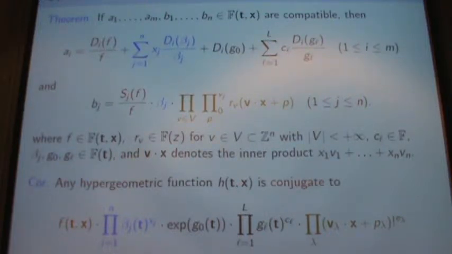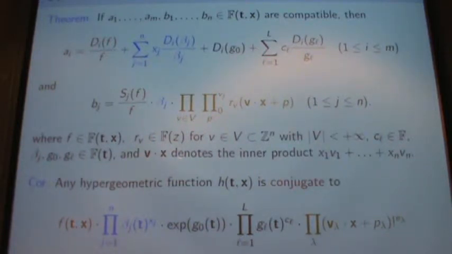And why do I say conjugate? The meaning of conjugate is that the function h and this function have the same certificate. Maybe there are two functions with the same certificate but different representations, but you can take this as a representation of h.